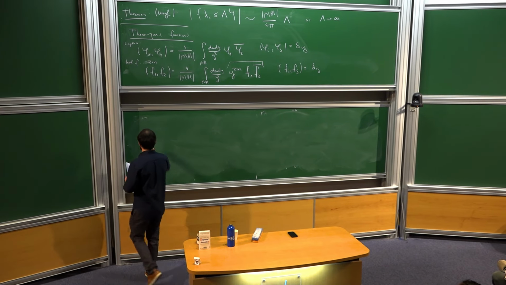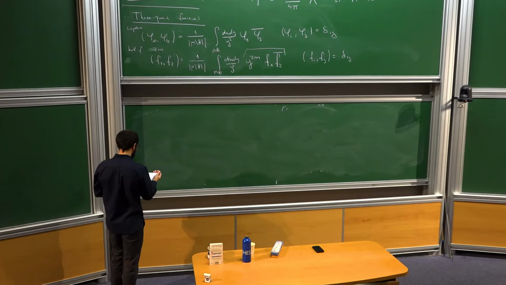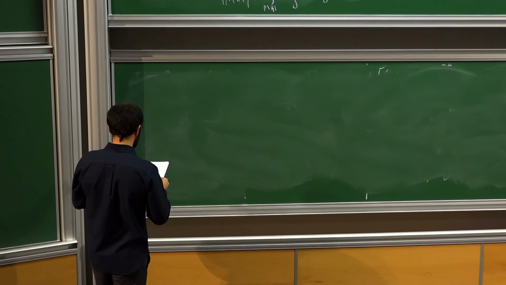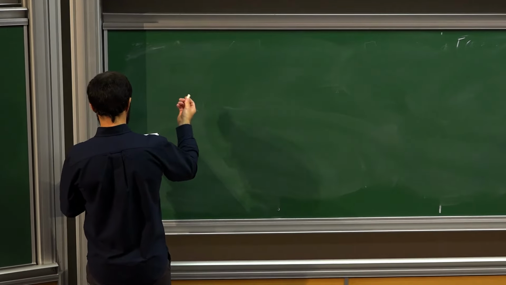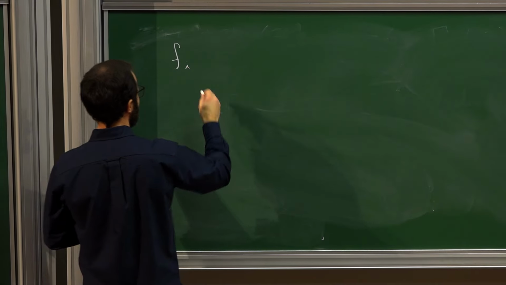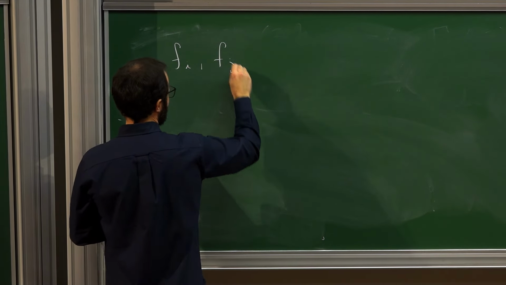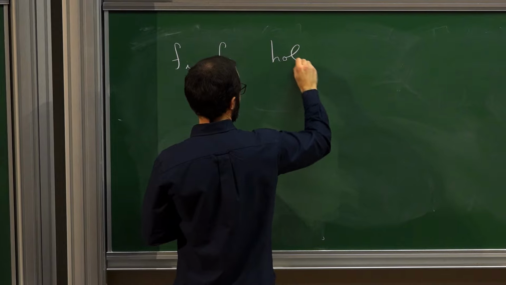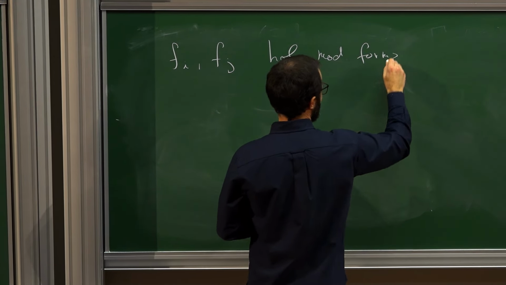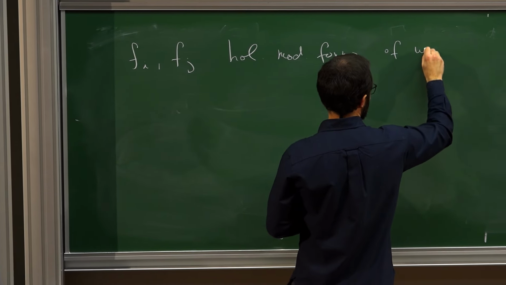Okay, so now finally I can almost state the main result of our work. Let's take Fi, Fj to be holomorphic modular forms of weight 2m.